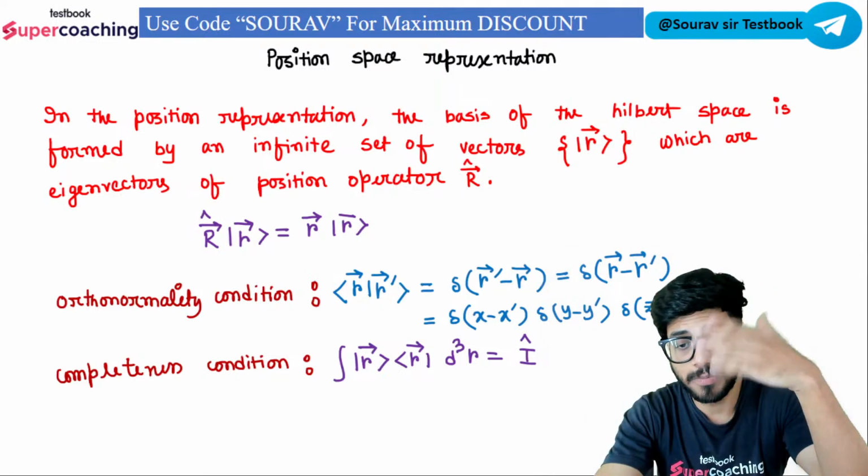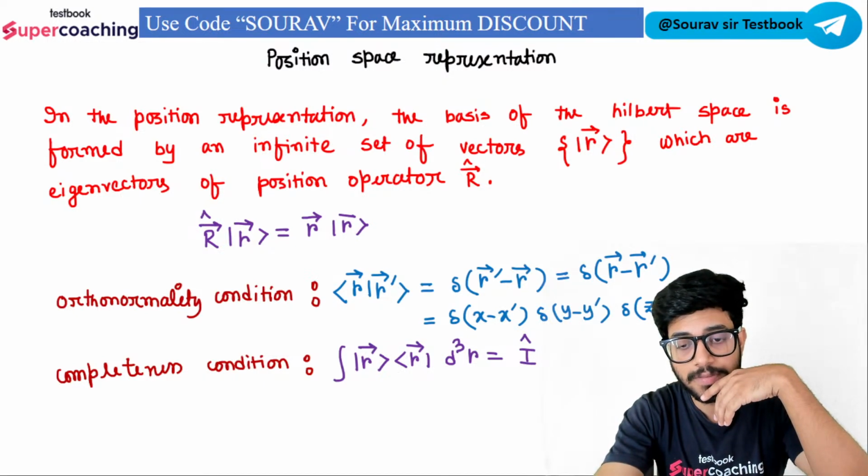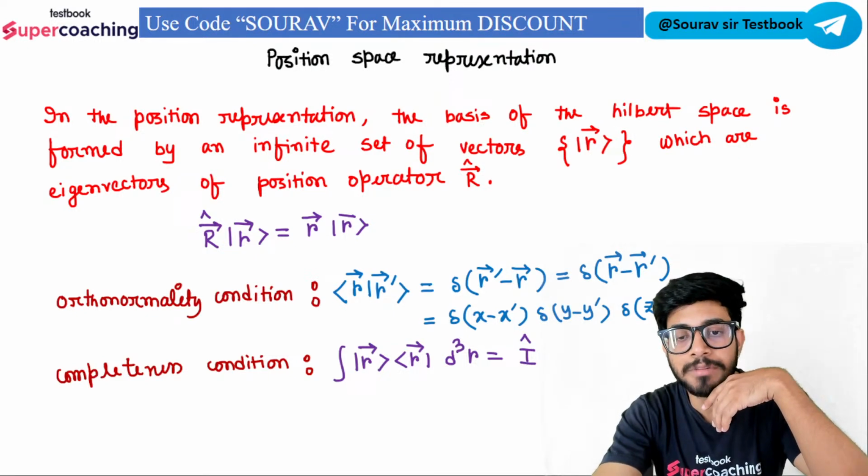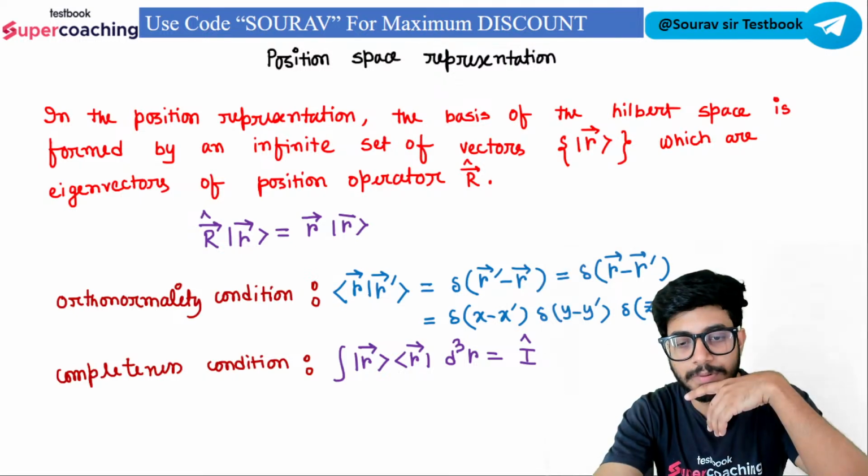When I'm saying d q bar, that means dv, the elementary volume. That's a very important thing. Most of the people miss this point, but you shouldn't do that.